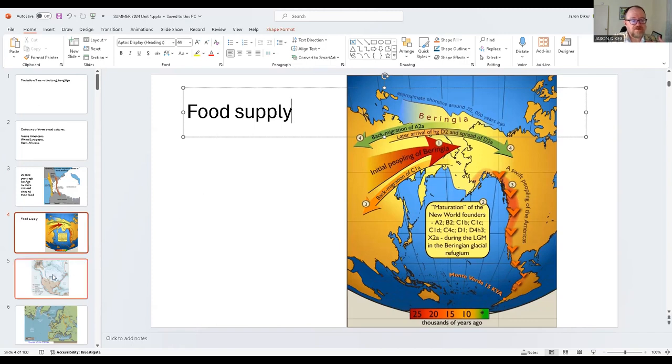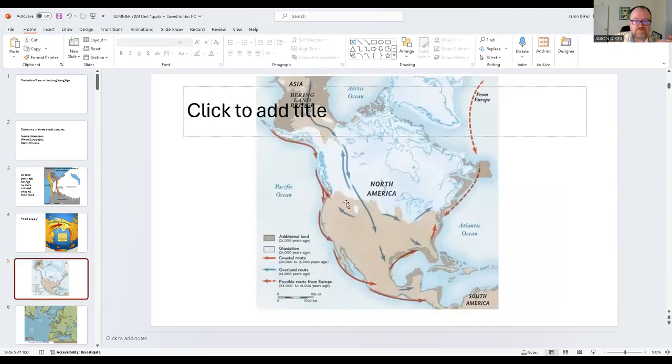Now, as the earth began to warm up, the ice began to retreat, as you can see here, and land routes began to open up going into what is now Canada, and then land routes coming into what will one day become the United States.